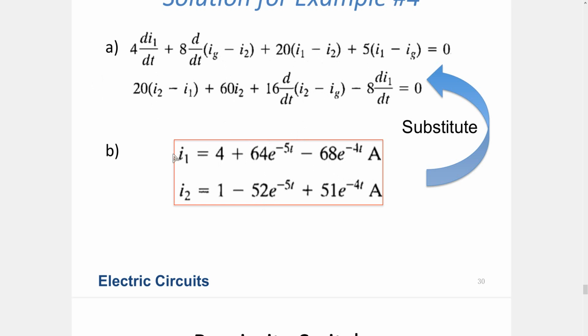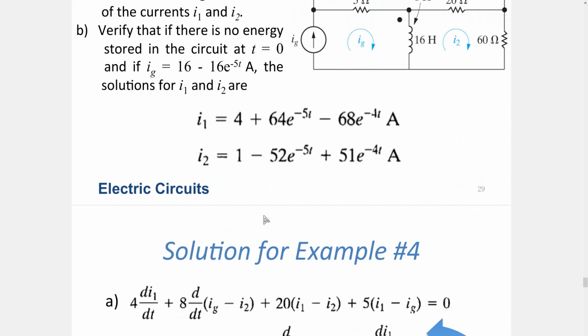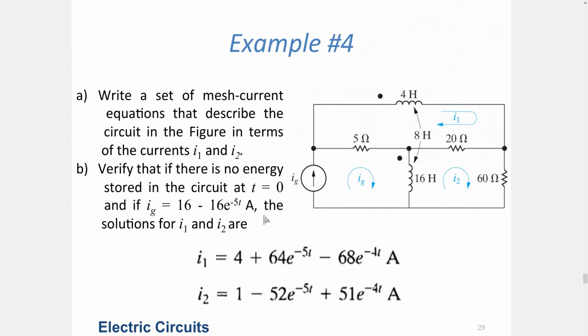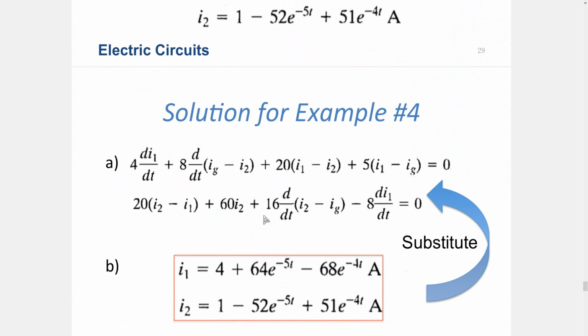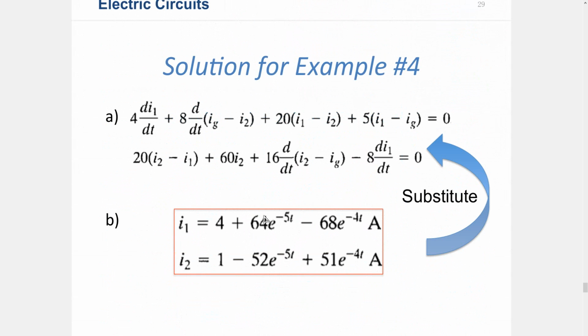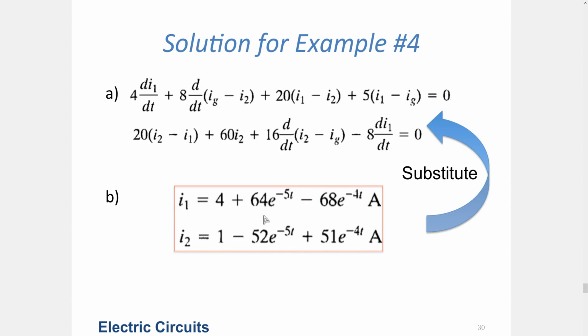So I just need to substitute the values of I1 and I2 into this equation and then do the math and see if it's consistent as a solution. Okay. So this is how we handle circuits that contain inductors. If we substitute, then we will see that it simply works.